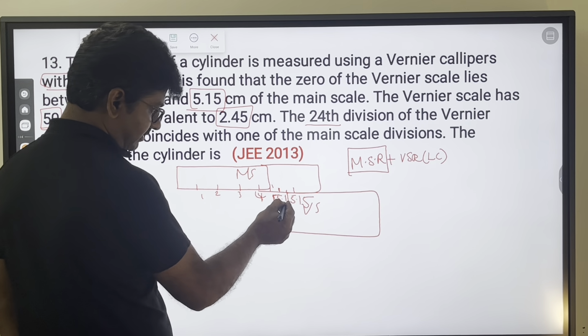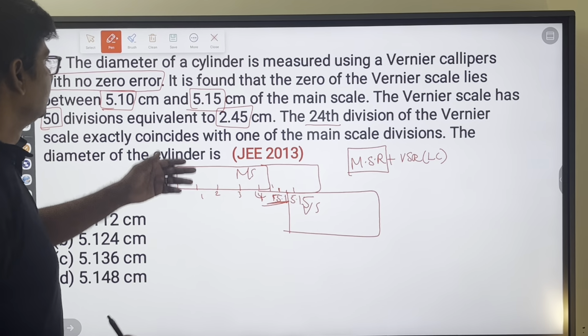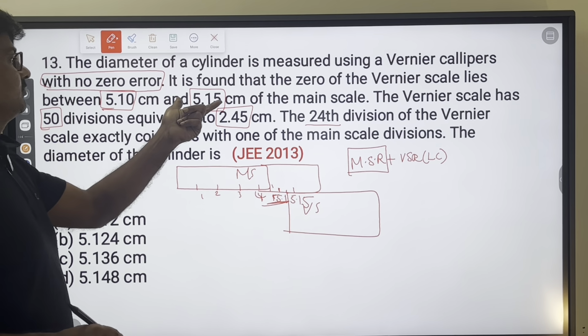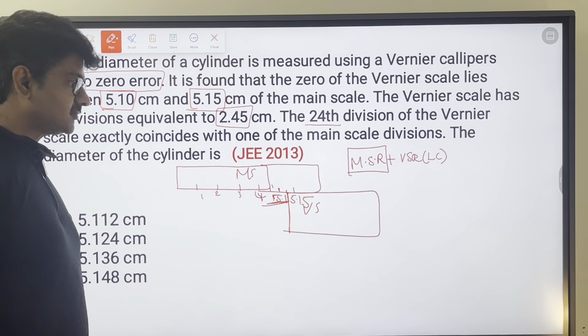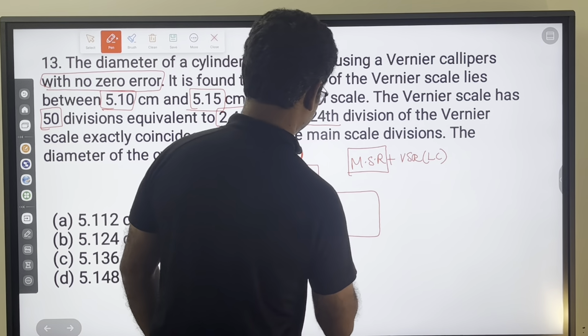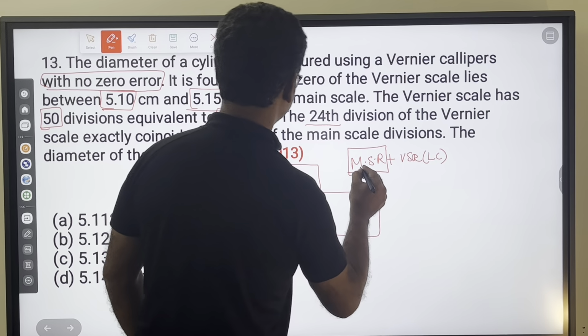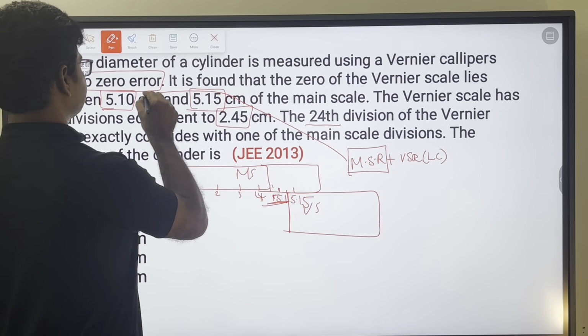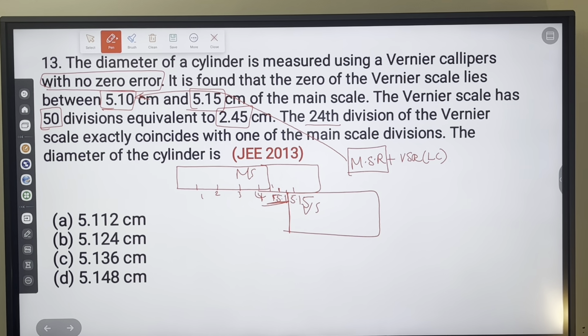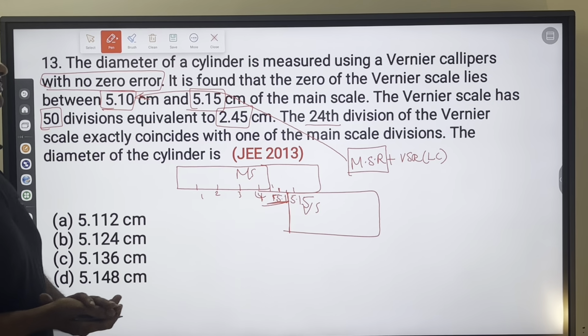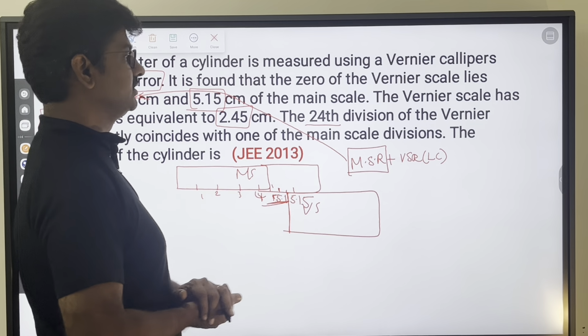So what is the MSR now? Between 5.1 and 5.15 we are having this. Therefore, main scale reading is clear. Main scale reading is 5.1. So the only thing now is we have to find least count. Vernier scale reading is already given, 24th division.